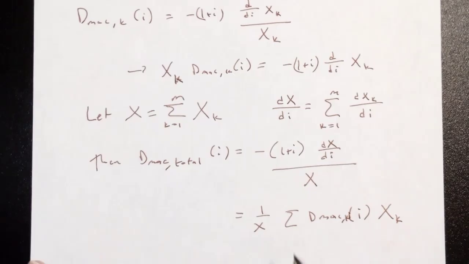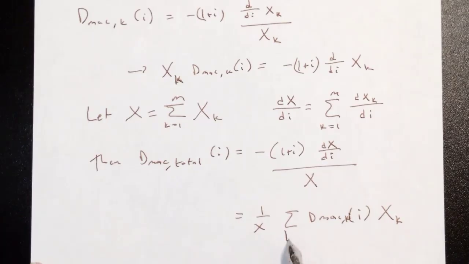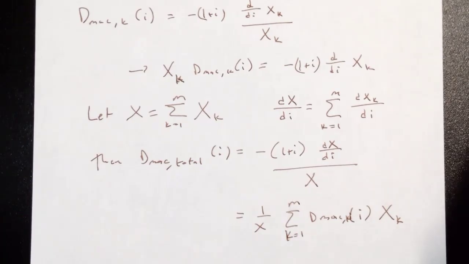And that turns out to be linear. The Macaulay duration is simply based on being able to take the Macaulay duration of each piece.